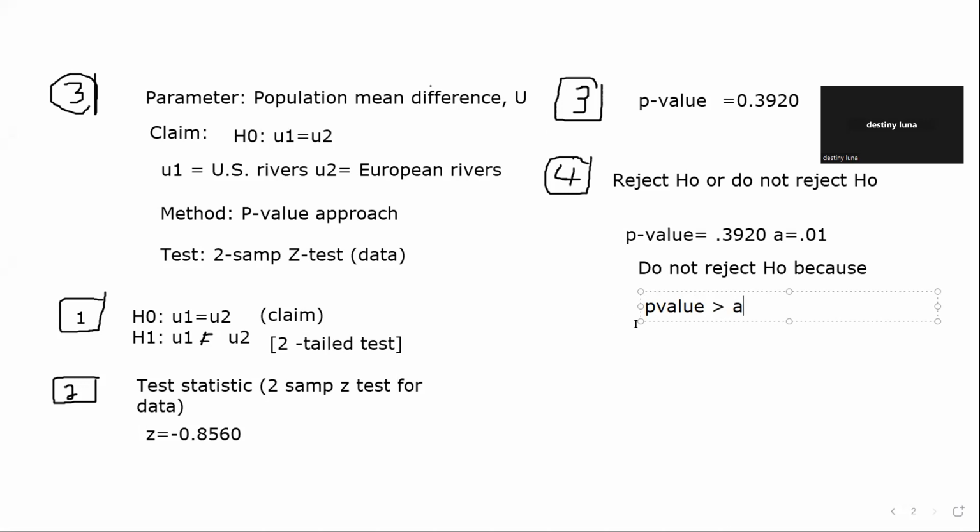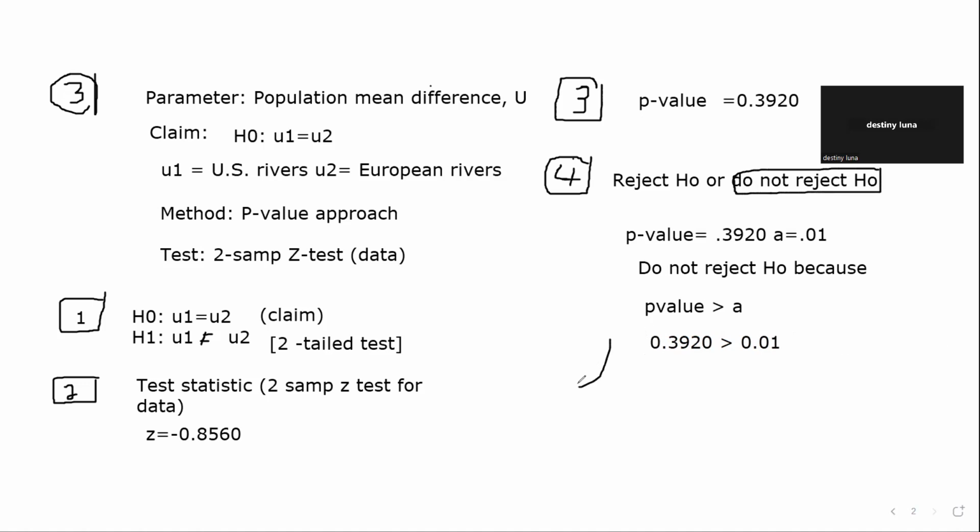In other words, 0.3920 is greater than 0.01. Now, we do not reject the null. So if you want, you can box this. Some people do that too.